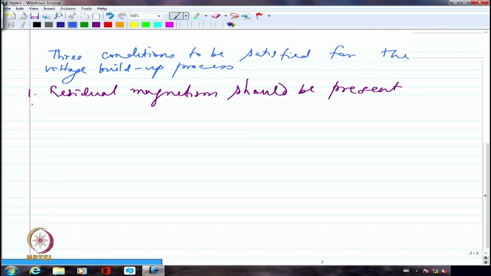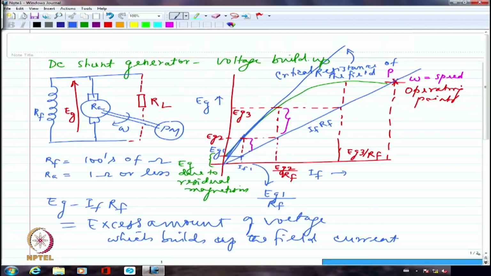The second one that I want would be, once the residual magnetism generates some voltage, the current that is flowing, we said, is flowing in this direction. If I say this is plus and this is minus, this is how the current is going to flow, right? So this current flowing through the field circuit should aid the residual magnetism.